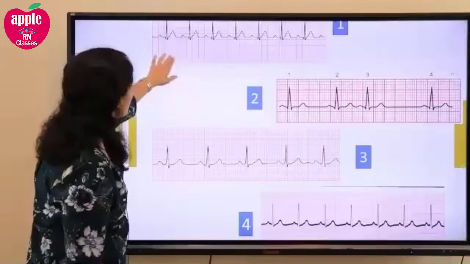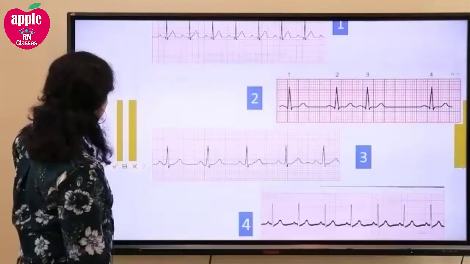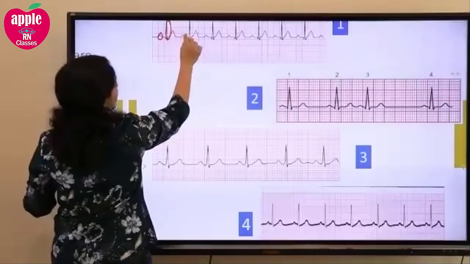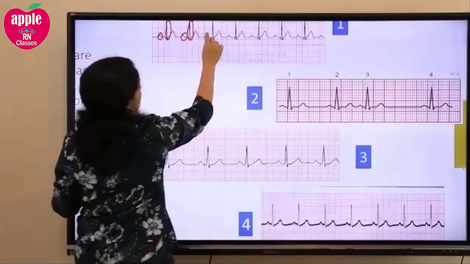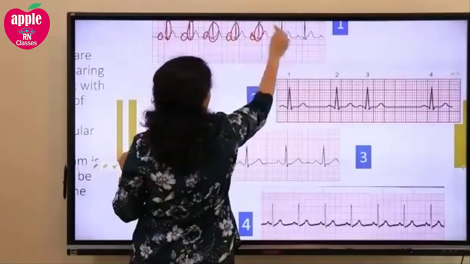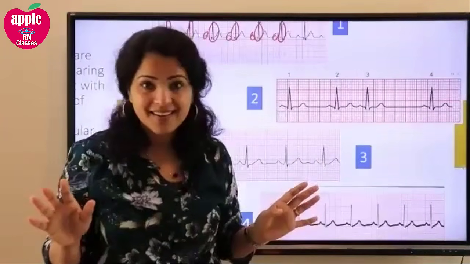All right. So if you look at that, you can see that here. Remember, there is a P, there is a QRS. There is a P, there is a QRS. P, QRS. P, QRS. So for every P, there is a QRS. There is no problem there, right?